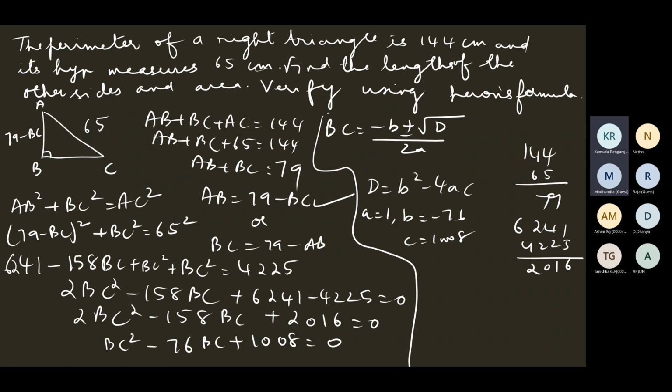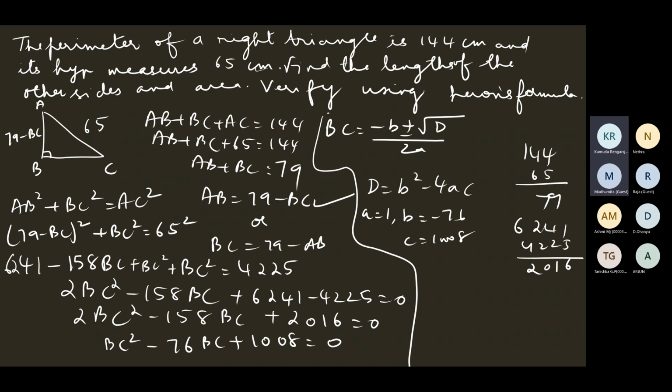Minus 76 is the coefficient of BC, that is B. And C is the constant, 1008, everywhere with the sign. Now first we find D, that is B square minus 4AC.